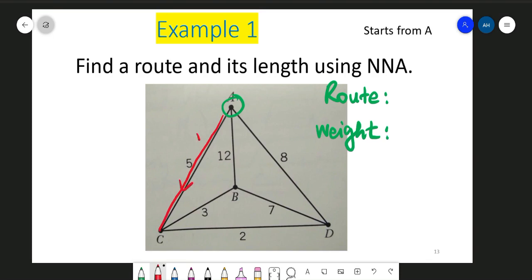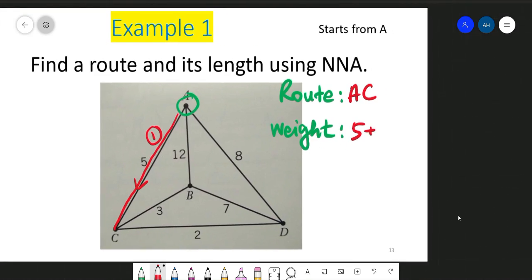This is our path number 1. From A, we go to C, so the value is 5 plus what? Next, now we are at C. From C, we have to look again. The smallest values we have are 3 and 2.